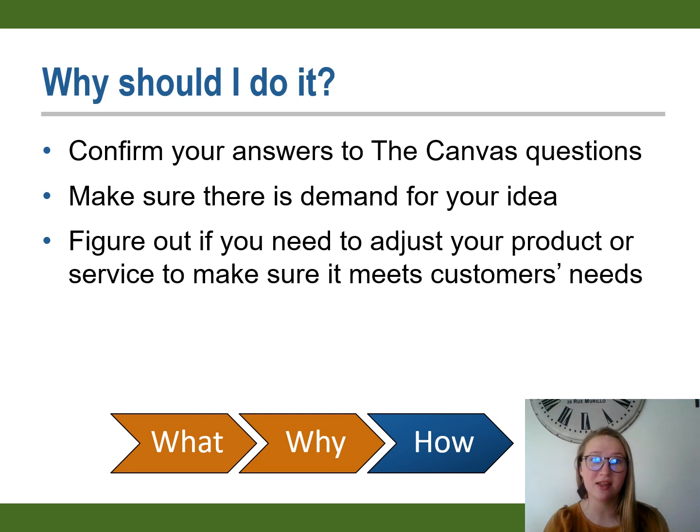What if you guess that the most important feature is having the highest quality ingredients, but the thing your customers care most about is having a lot of different flavors, or even a lot of different sugar-free flavors? This will help you figure out if you need to adjust your product or service to make sure it meets customers' needs, which will help your business be successful and sustainable long term.